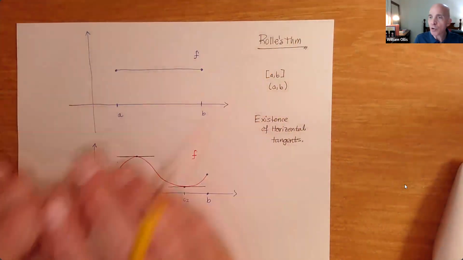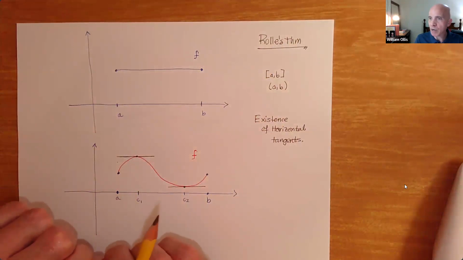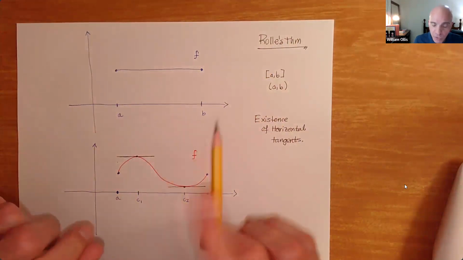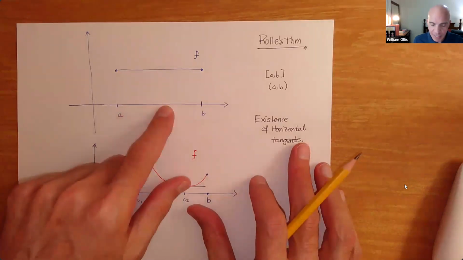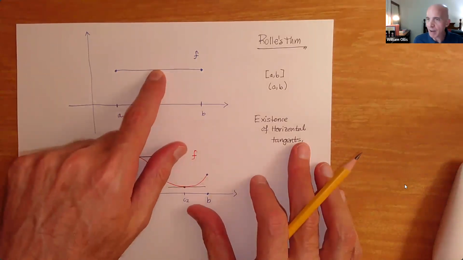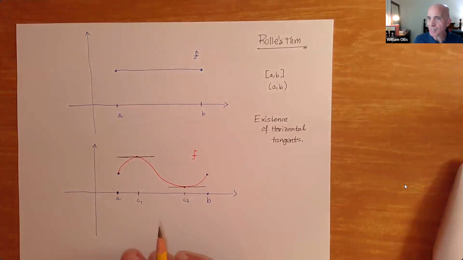And so the graph of the function would represent a horizontal line. So that's the simplest case. Of course, the derivative of f, if it's constant, would be 0. And so you could take a c anywhere and get f prime of c equals 0. So that's kind of the simple case.